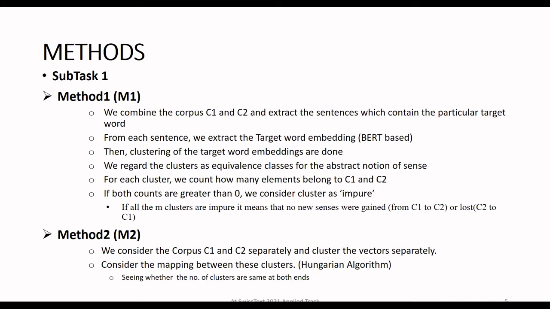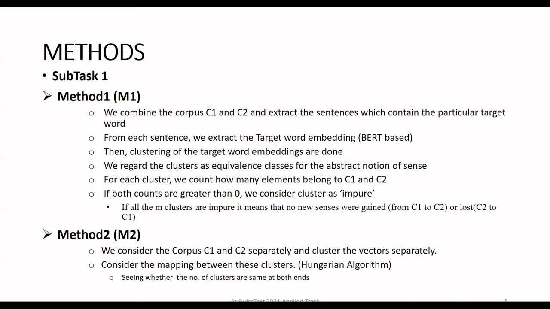We assume that this contributes to identifying the senses of the word in some way. Now the target word embeddings are clustered, and each cluster we regard as an equivalence class, giving the abstract notion of the sense or the semantics of the word.